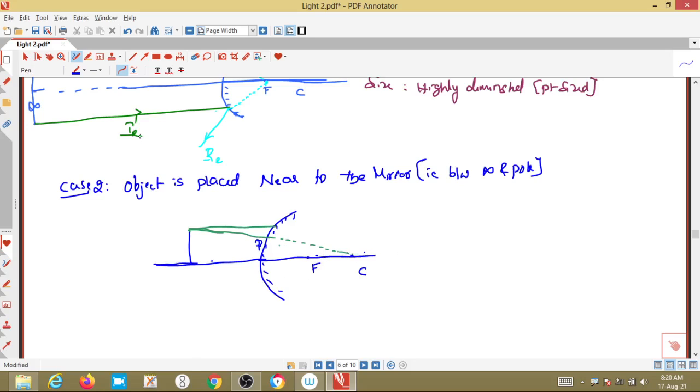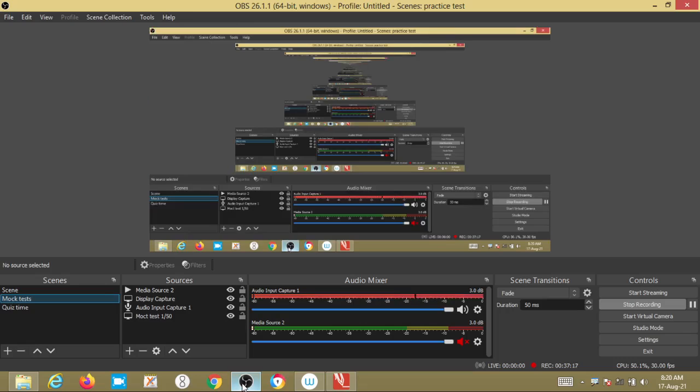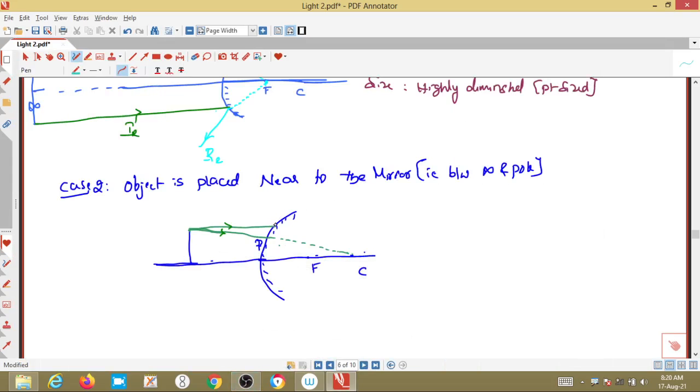Now the first incident ray which is parallel to the principal axis, how does the reflecting ray get reflected? It is reflected back, right? It is reflected back and it appears to be focused at the focus point, okay.